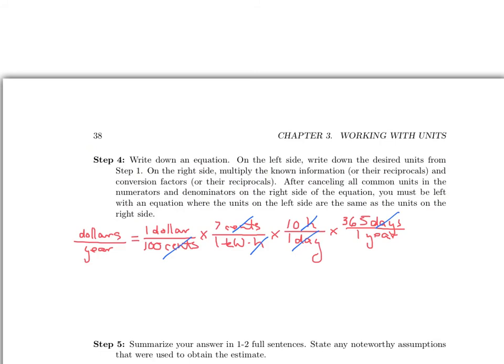So let's take a look at the right-hand side for a minute. What units are remaining? We've got dollars in the numerator, which is what we wanted. We have years in the denominator, which is again what we wanted. The only thing we have to take care of yet is the fact that we still have kilowatts in the denominator. They need to be canceled. So let's look for a fraction in steps 2 or 3 that involves kilowatts.